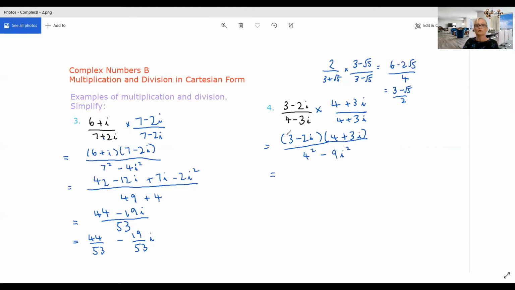The numerator, 3 times 4 is 12. 3 times 3i is 9i. Minus 8i, minus 6i squared, all over 16 plus 9. Okay, now that will be adding 6, so we'll get 18 plus i, all over 25. And there you go.